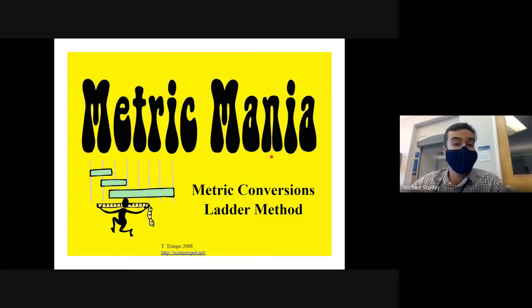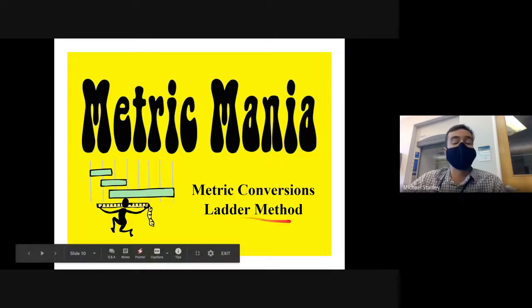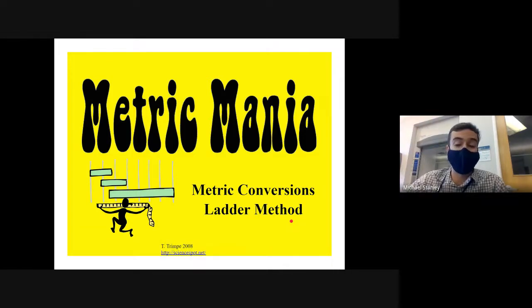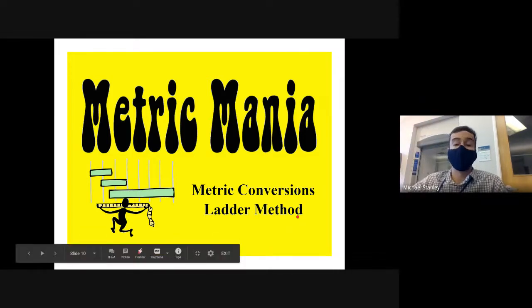So today, I'm going to show you guys and work with you guys to show you a quick and easy way to do these metric conversions. And it's using something called the ladder method that I really like and I really think is very useful when learning about these types of conversions.